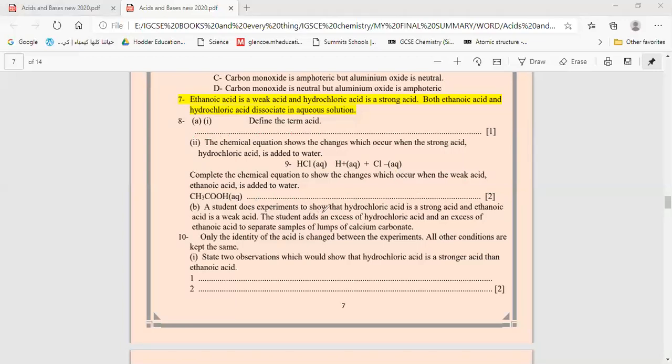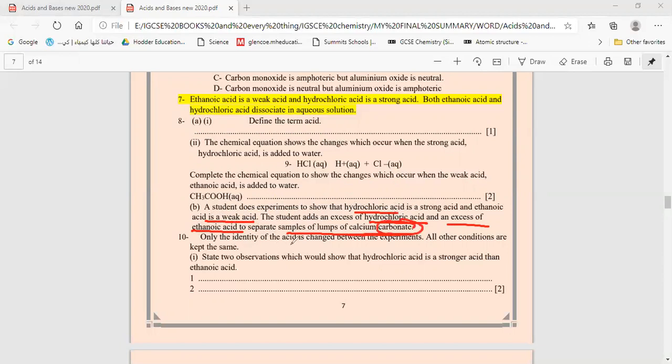A student does an experiment with hydrochloric acid, a strong acid, and ethanoic acid, a weak acid. The student adds an excess amount of hydrochloric acid and an excess amount of ethanoic acid to separate samples of lumps of calcium carbonate. We said before, calcium carbonate forms carbon dioxide.